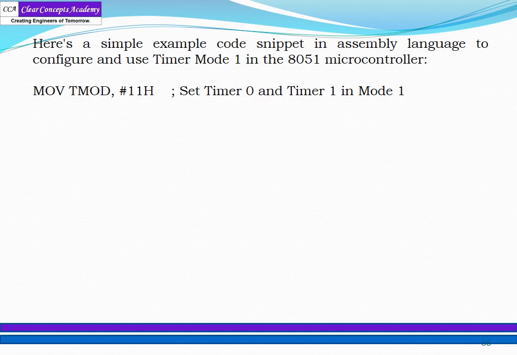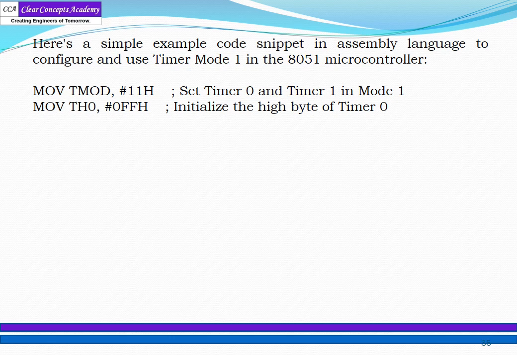You are setting timer 0 and timer 1 in mode 1, because of bits 0 and 1, and bits 4 and 5. That's why it is 11H. So both timer 0 and timer 1 are set in mode 1 by moving 11H to the TMOD register.